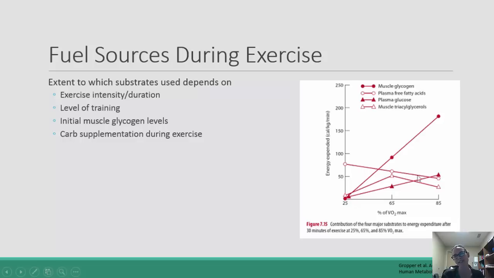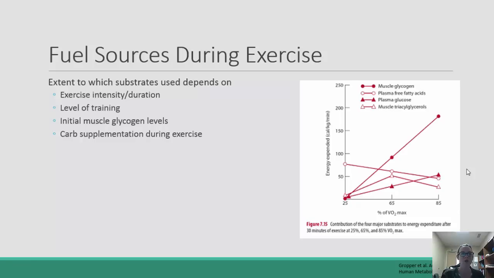And then as I'm increasing in intensity, as I'm relying more on my glycogen, I'm relying less on my plasma-free fatty acids. It's pretty similar with our muscle triacylglycerols. As I rise in intensity, I'm actually going to use these a little bit more, but then when I get to really intense exercise, I'm going to rely on them less, because I'm relying on my muscle glycogen more, and I'm also relying on my plasma glucose more, and we'll talk about why that occurs.